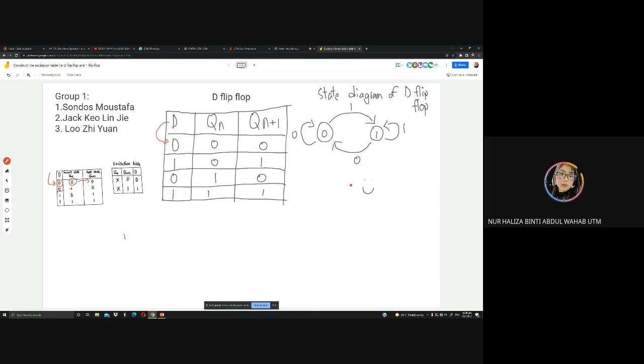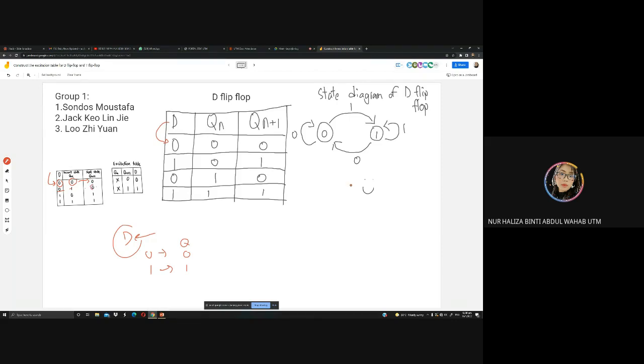If you remember your D flip-flop table, it's going to follow the D, isn't it? If let's say D is 0, your output will also be 0. If your D is 1, your output will be 1. Okay, this is your D flip-flop. If your present state is 1 and your D is 0, your next state will be 0.